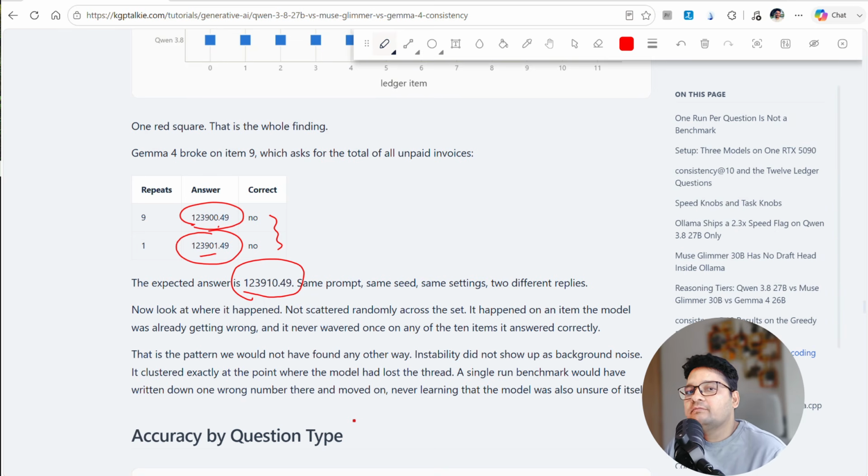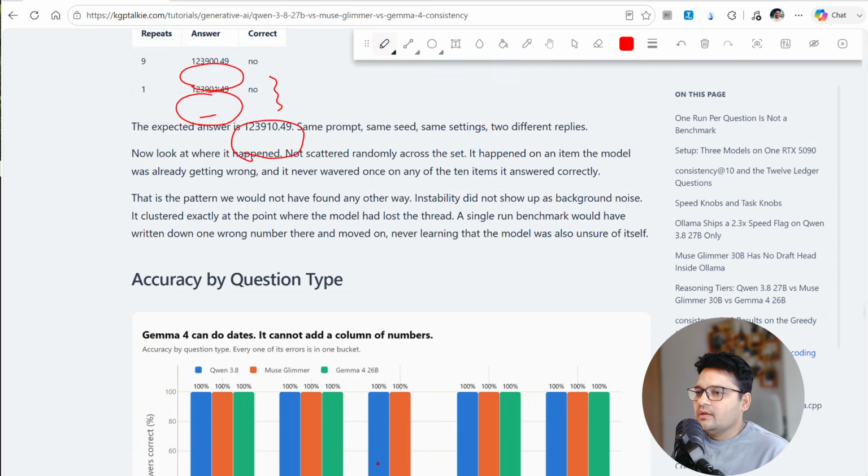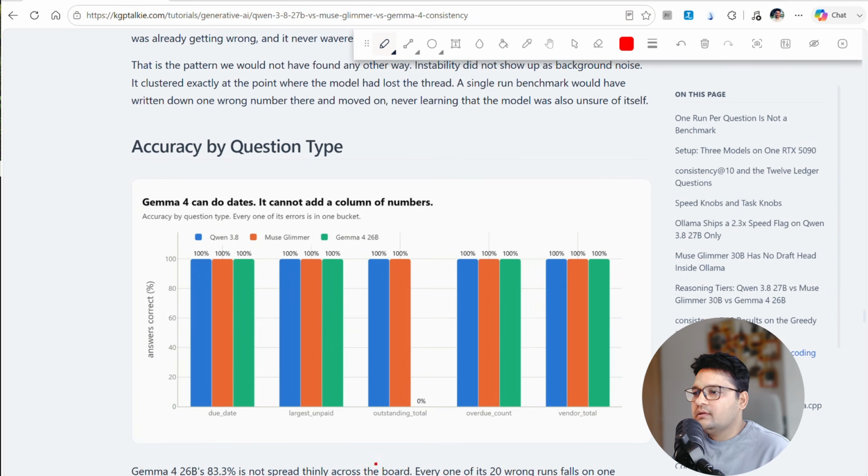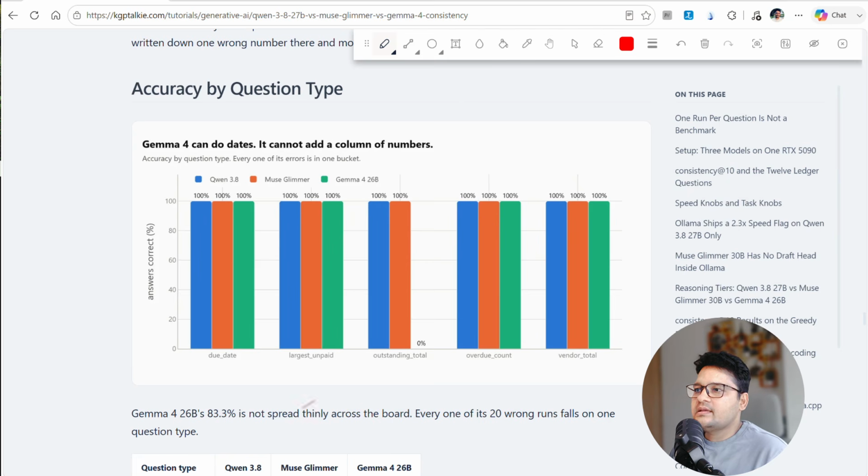That means if a particular model is not able to give you the correct result, there is a very high possibility that the model might give you a different answer on a different run. That is what I told you earlier: we cannot say that if a model is 100% consistent, the model is 100% accurate.